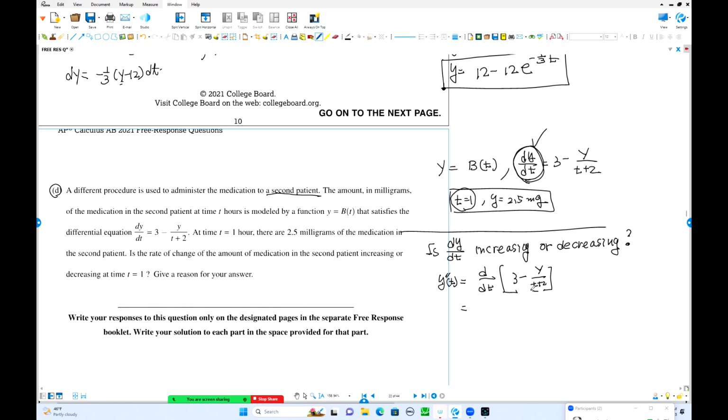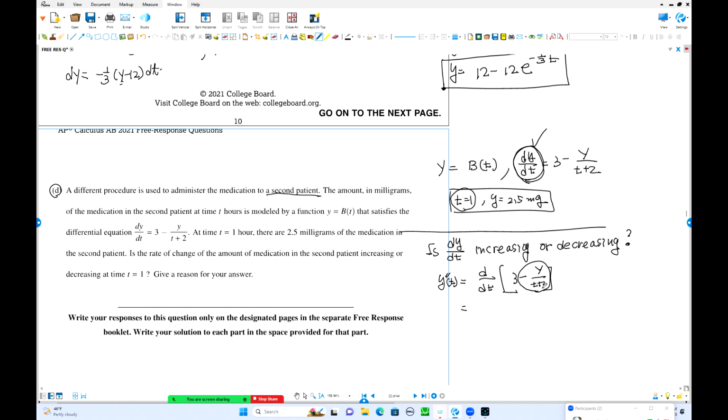So what is the derivative of the other term? The minus sign stays outside. Take the derivative of negative y over t plus 2.